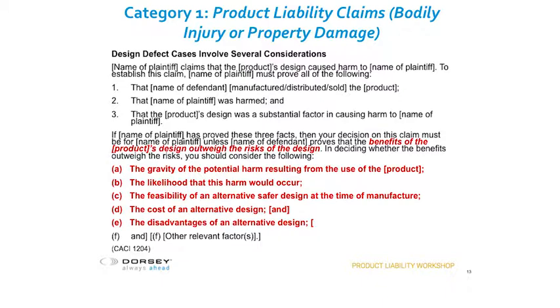A plaintiff's lawyer in a product liability case that is pursuing a design defect theory loves nothing more than to emphasize that a small change, insignificant from the manufacturing standpoint and very inexpensive, could have made the product infinitely safer.